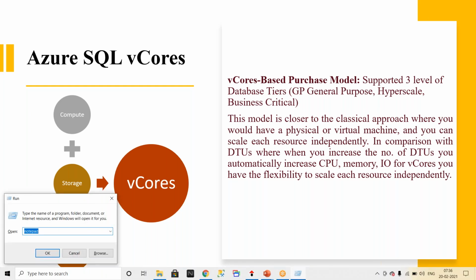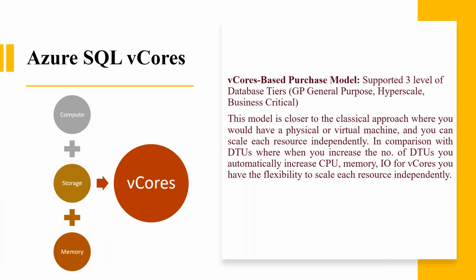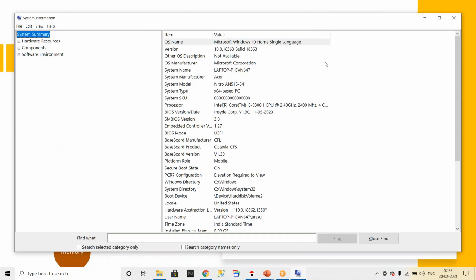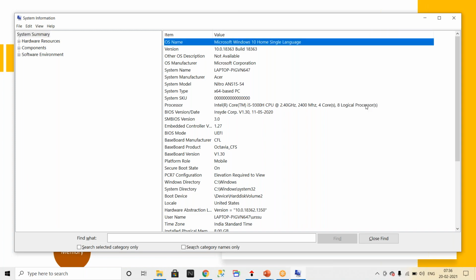When you open the computer properties, MS Info 32, you get complete information about how many core processors. I'm running with 4 core sockets and 8 logical processors, so my VM is running as an 8 core machine.